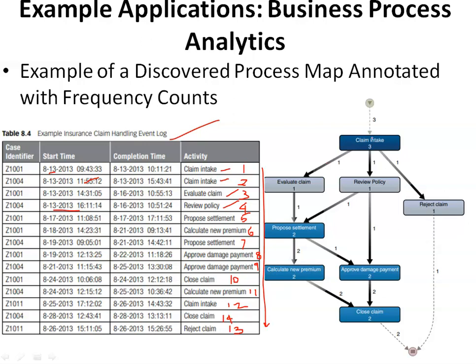Starting with claim intake 1, then again claim intake 2, then the third one is evaluate claim. The occurrence frequency counts, how many times the same activity is repeated, are given in that box. 1. Review policy. So on the 16th two activities are completed, and on the 13th two activities were initiated.